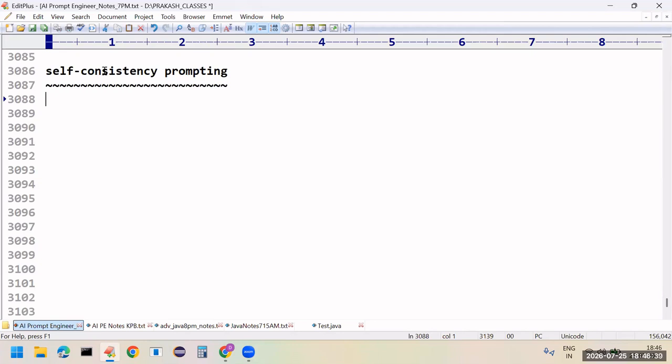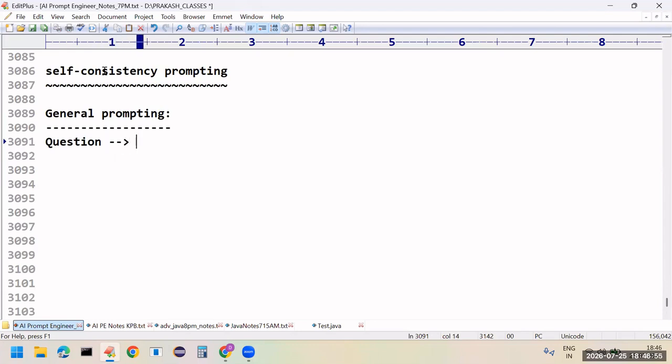So if you take the general prompt, what we covered previously, how have we done in general prompting? In general prompting, we just give some question.